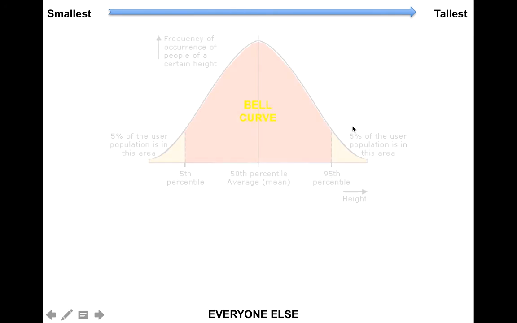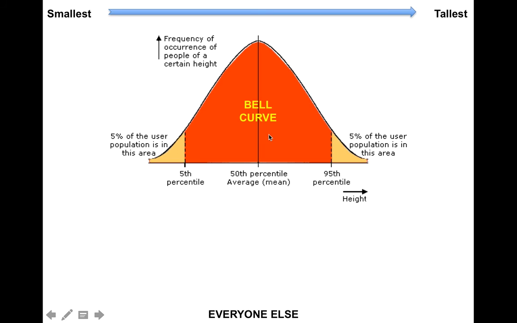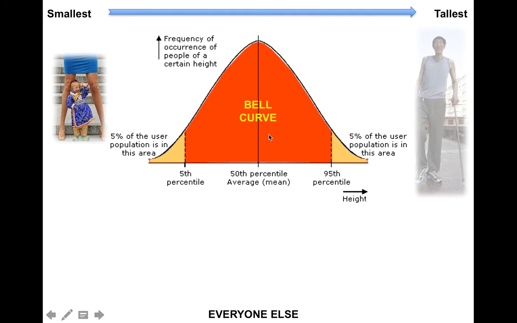So for example, if we got everybody lined up in terms of height order, from the smallest person in school to the largest, and measured their heights on a graph, you would end up with something called a bell curve, which means that there are a few people who are quite small, there are a few people who are really tall. Most people, though, fit into this big middle. This is what we call the 50th percentile, this large middle group.